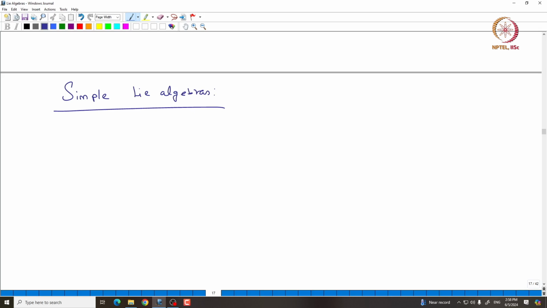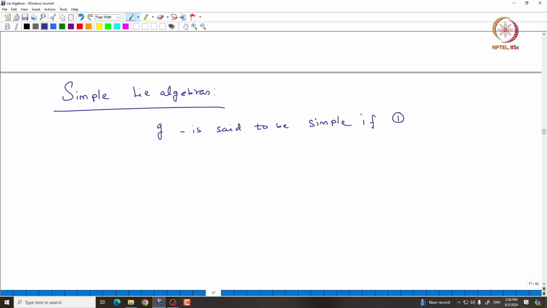We will be only concerned with finite dimensional Lie algebras in this course, so you can assume that we are dealing with only finite dimensional Lie algebras. Let us say G is a given Lie algebra. This is said to be simple if it satisfies two conditions.